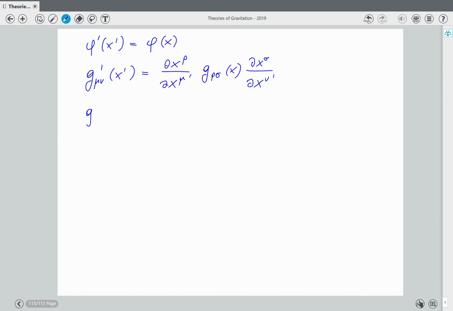We also have that g is the determinant of g mu nu, and we also know that the integral measure d^4x times the square root of minus g transforms, let's say, as a scalar.